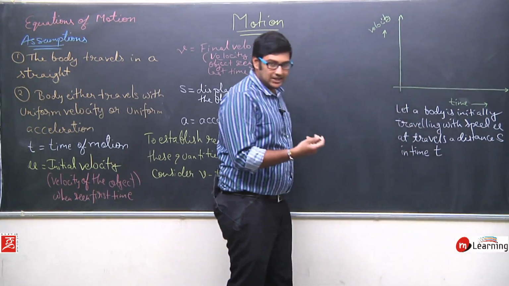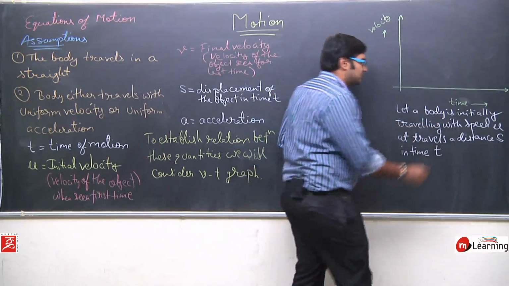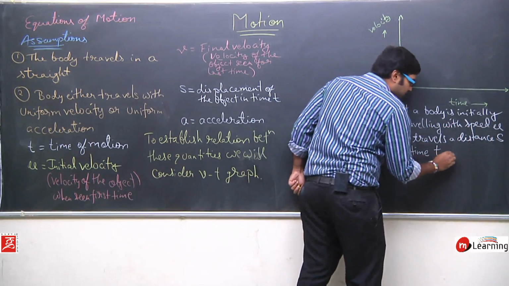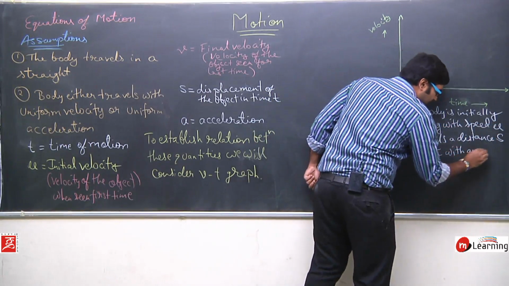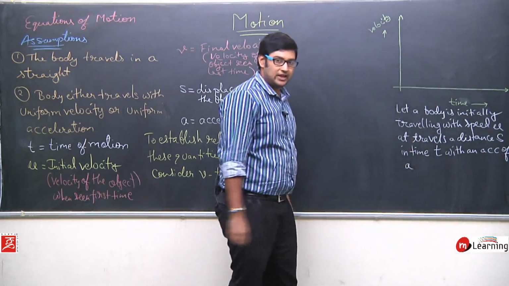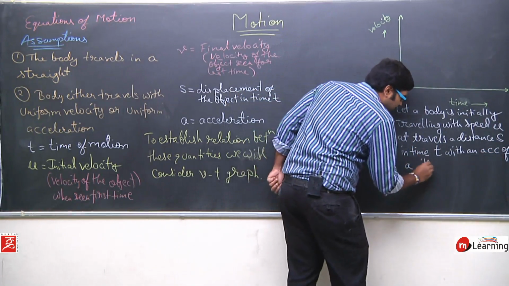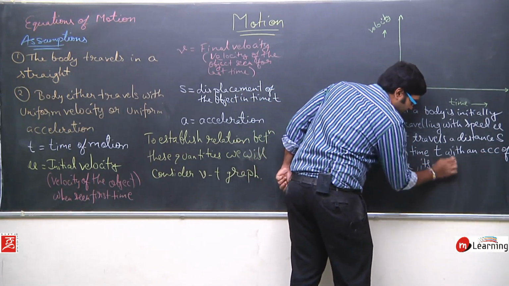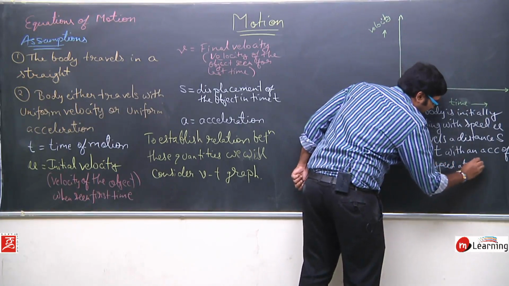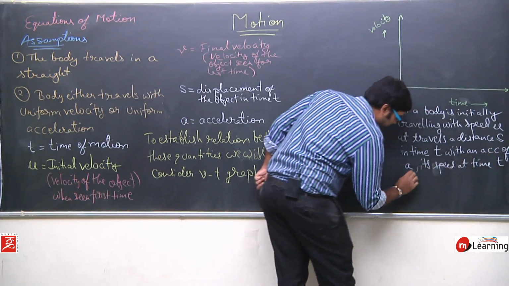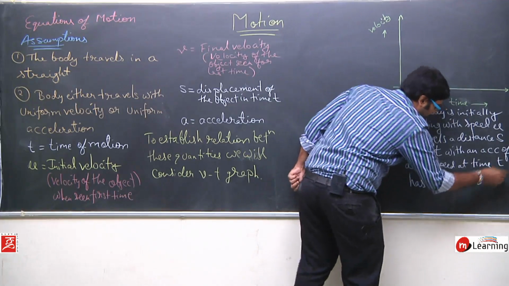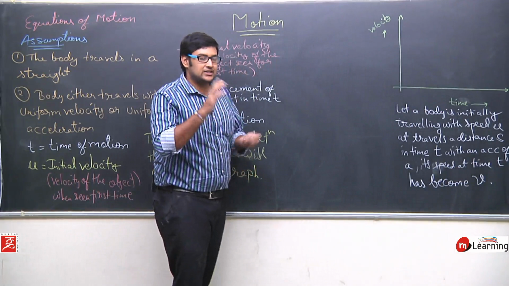That is, initially it was traveling with speed u, and it has traveled a distance s in time t with an acceleration of a. Its speed at time t has become, let's say, v.